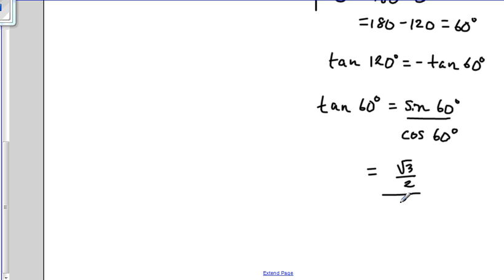The cosine of 60 degrees is 1/2. If you divide by a fraction, it's the same as multiplying by the reciprocal, so it's radical 3 over 2 times 2 over 1. The 2's cancel out. I'm left with radical 3. But remember, because we are in the second quadrant, tangent is negative, so my answer is negative radical 3.